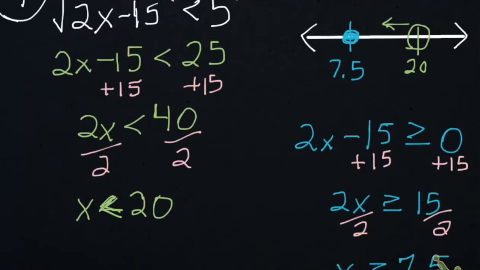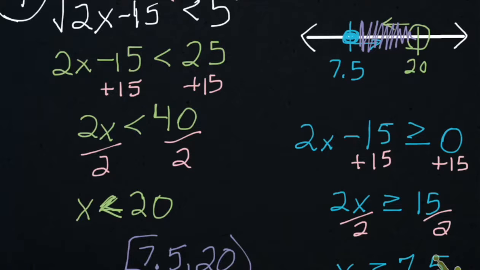From the 7.5, I shade to the right. So my solution is where the shading overlaps, in the middle, between my 7.5 and the 20. Now remember, when you write it in interval notation, the 20 is going to have a parenthesis, and the 7.5 will have a square bracket.